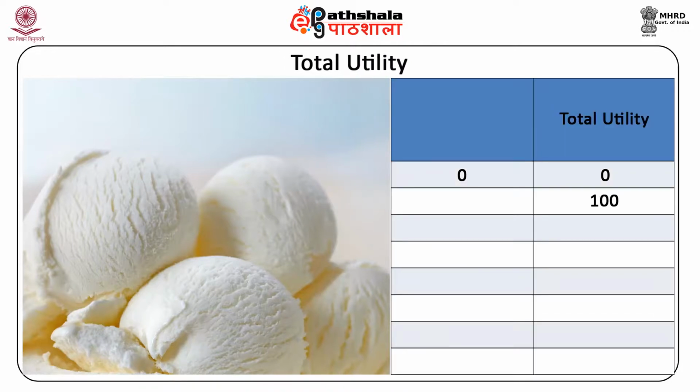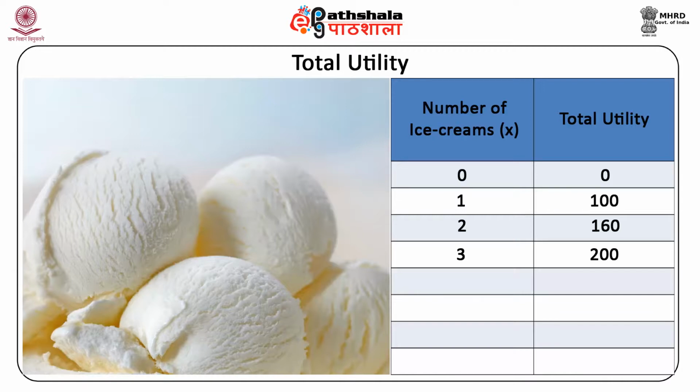100 units of utility are derived from consuming one ice cream a day. Total utility may increase to 160 if another unit of ice cream is consumed. In case a third unit is consumed, then it results in total utility increasing to 200 units and so on.